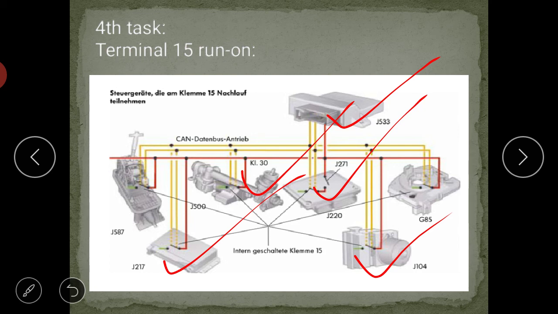When I switch the ignition off, the power line shifts from K30 to the K15 line. You can see the K15 line is there, an internal K15 they have maintained here. This K15 line keeps their operation on and sends the remaining data to the different control units so that they can complete their functions. This is the basic terminal 15 run-on operation.